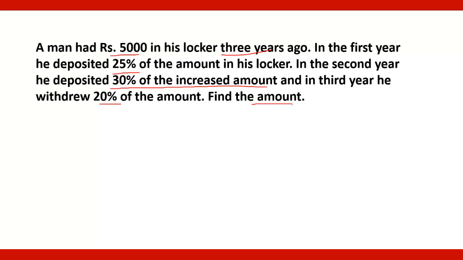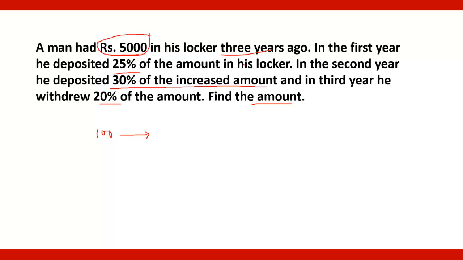Find the amount. Now, 3 years ago, the person had 5000 rupees in his locker. So instead of taking 5000, we will start with 100, because to do the calculations with 100 is easier. So let the amount be 100.